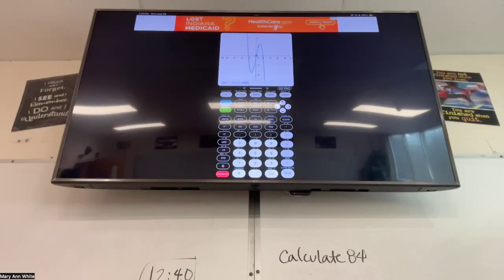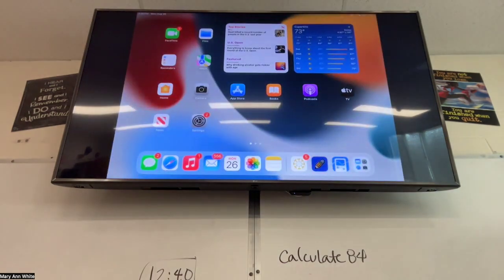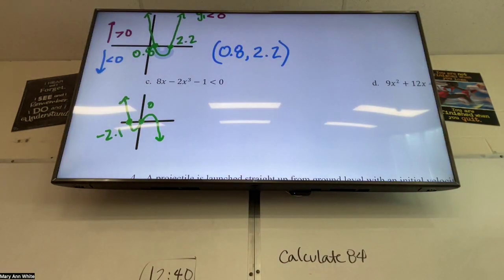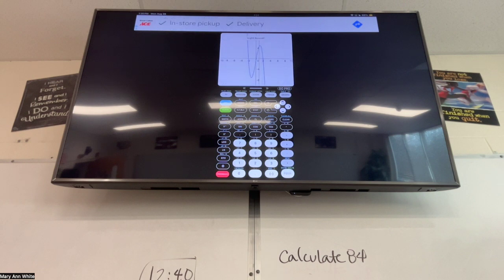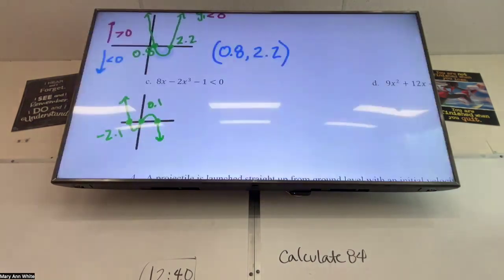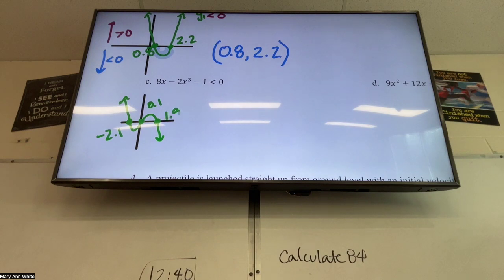And then 0.1. And then 0.19, or if you rounded that up to 2, I'd be okay with that. 1.9. Okay.